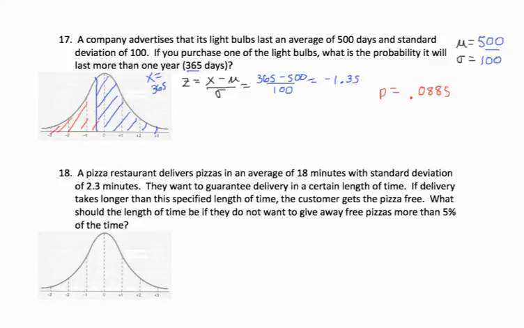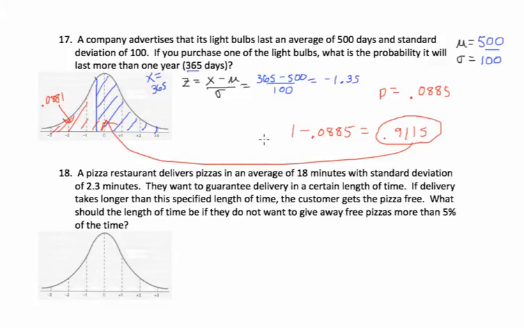So then that is this probability. So then we want to figure out what's the probability that you are to the right. So we do 1 minus 0.0885. That's 0.9115, about a 91% chance that your light bulb lasts more than 365 days.